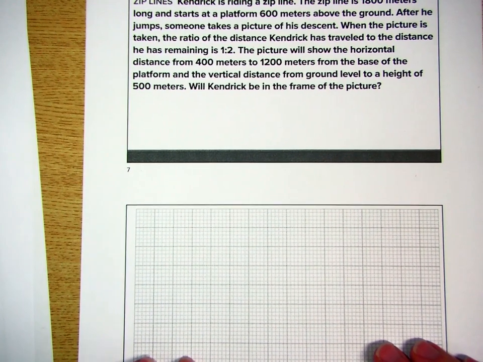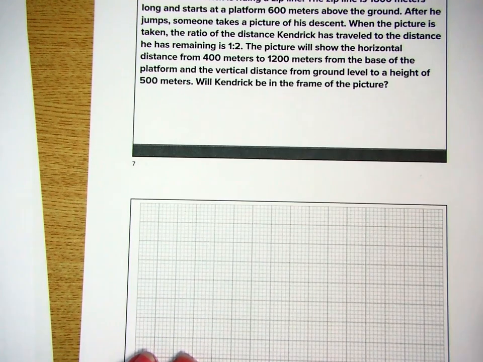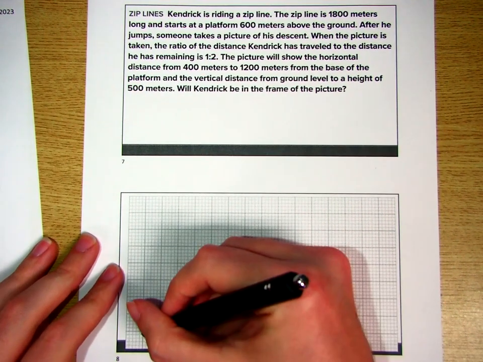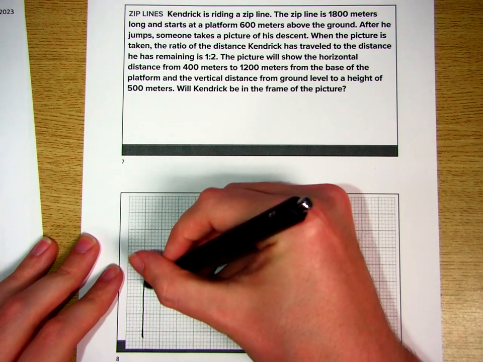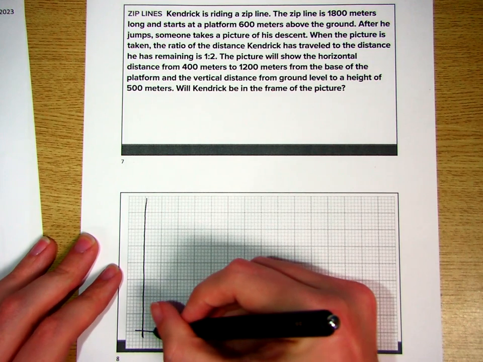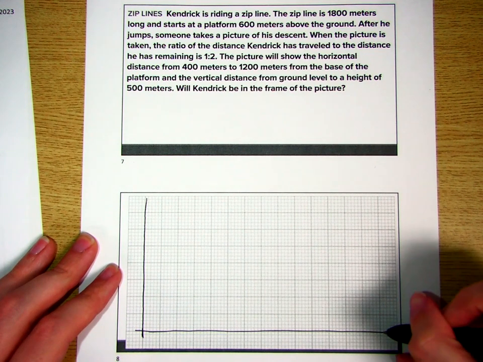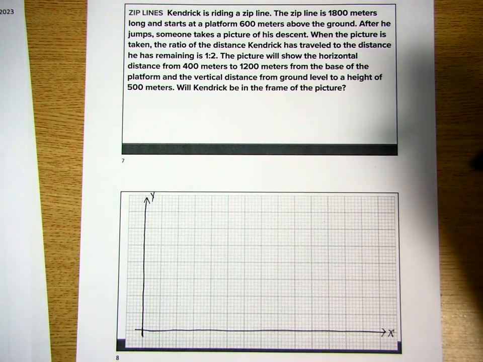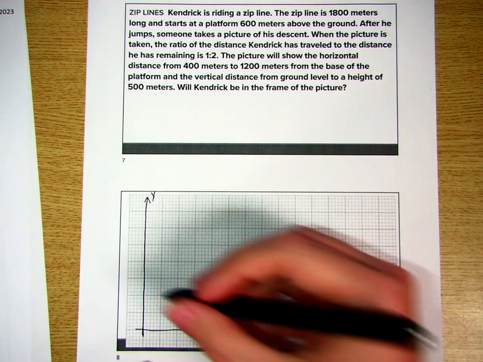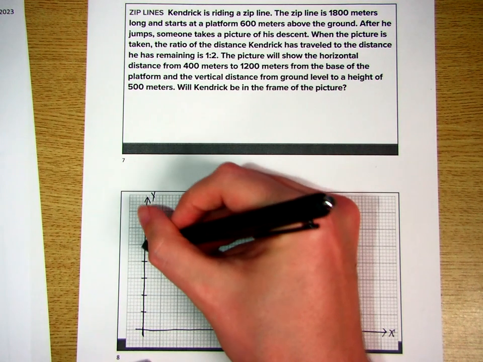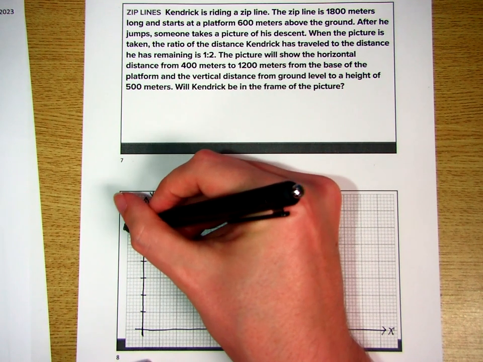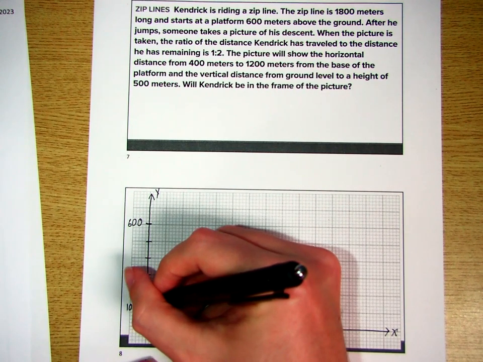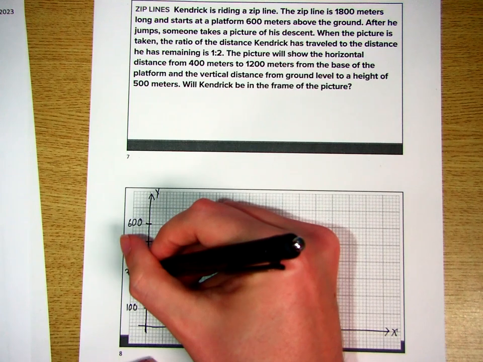To do it, we're going to have to do a little bit of graphing. It helps to draw a picture. So on the page here, we're going to create an x-axis and a y-axis. We'll number things a little quickly: 1, 2, 3, 4, 5, 6. Call that 600 meters. Call this 100, 200, 300.